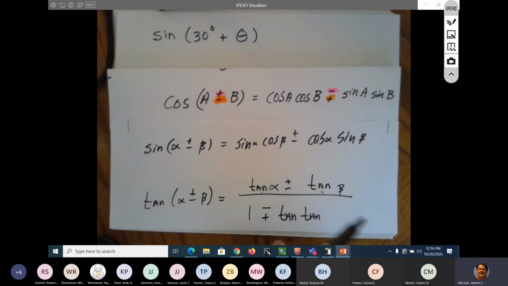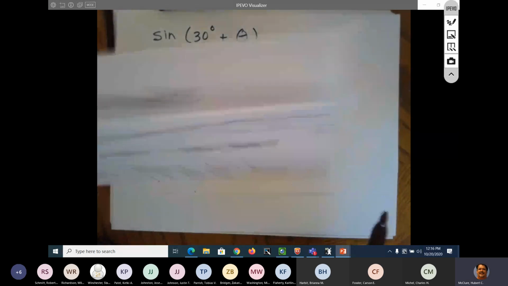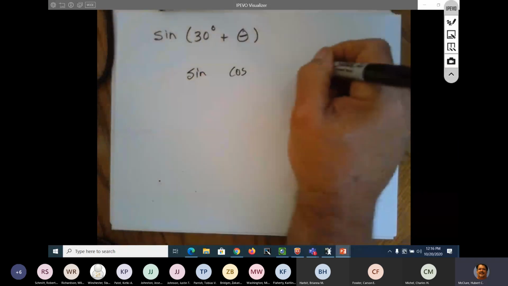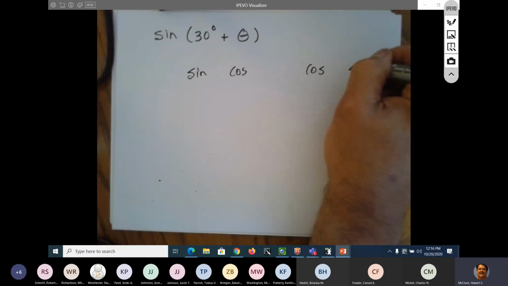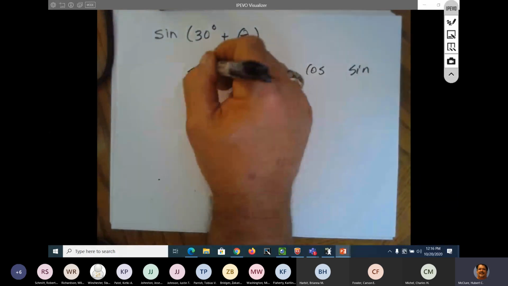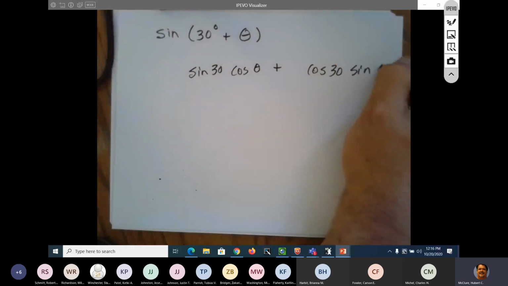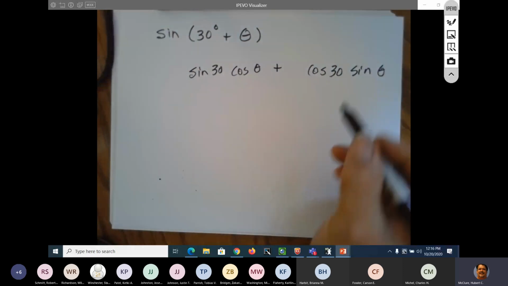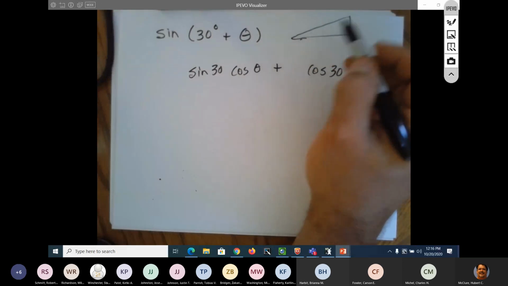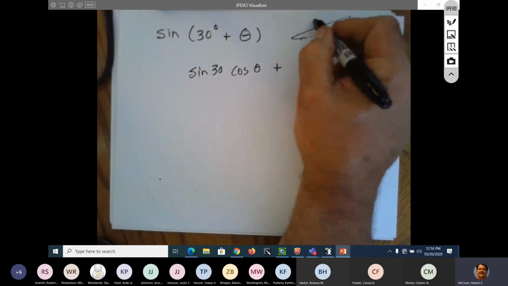And you know it's going to be plus. Sine, cosine, cosine, sine, plus 30 theta, 30 theta. We know our 30-degree angle is 1, square root 3, and 2.